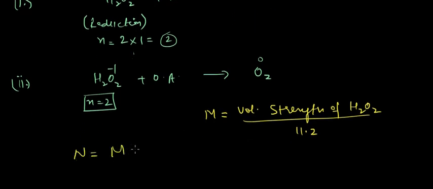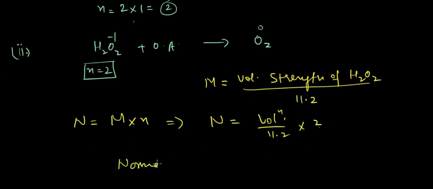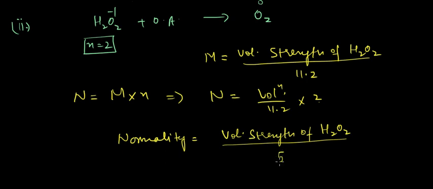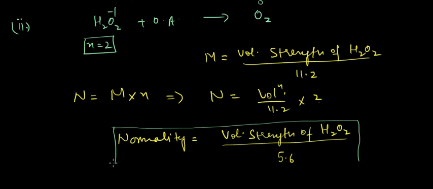And normality is nothing but molarity into n factor, and in this case molarity is volume strength upon 11.2 and n factor is 2, hence normality of H2O2 solution, either when it's used as a reducing agent or as an oxidizing agent, would be volume strength of H2O2 divided by 5.6. Okay, this would be the answer.